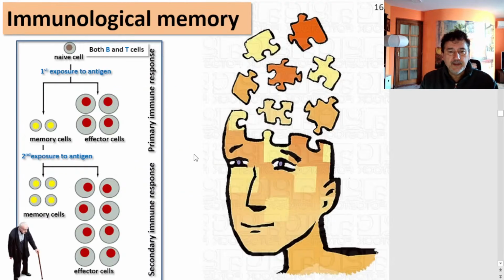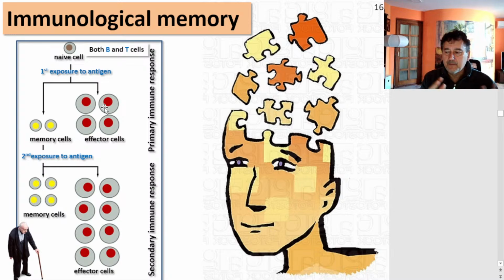Here we can also see that after binding to an antigen, both the B cells and the T cells are differentiated to effector cells and memory cells. The effector cells of the B cells are called plasma cells, while the effector cells of the T cells are called T effector cells. After the first exposure to the antigen, a large number of clonal selections occur.